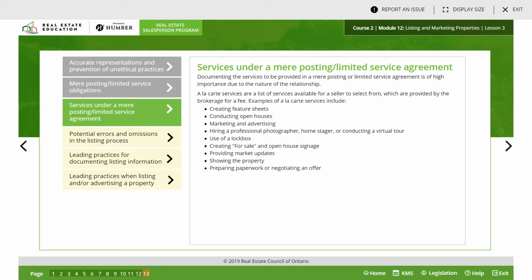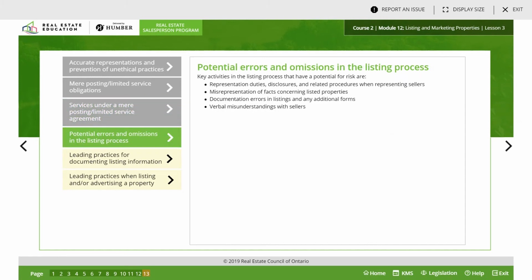Examples of a la carte services include creating feature sheets, conducting open houses, marketing and advertising, hiring a professional photographer, home stager, or conducting a virtual tour, use of a lockbox, creating for sale and open house signage, providing market updates, showing the property, and preparing paperwork on or negotiating an offer. So these are some of the services that you can provide.